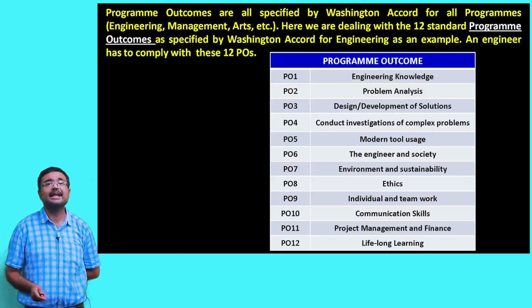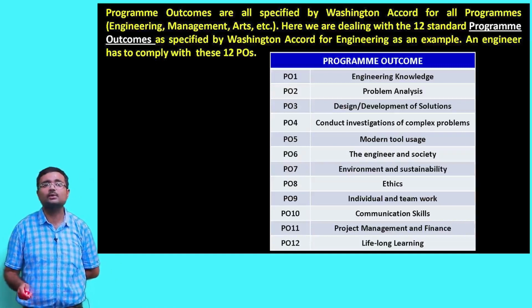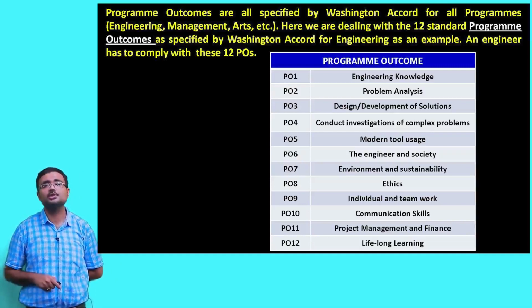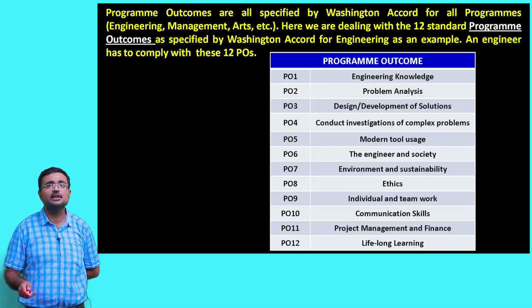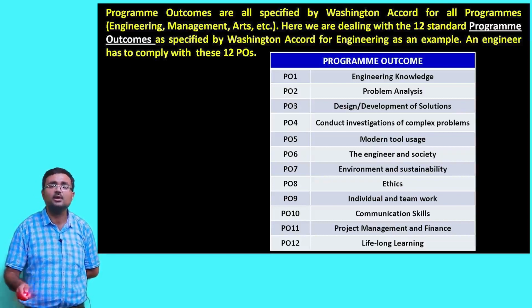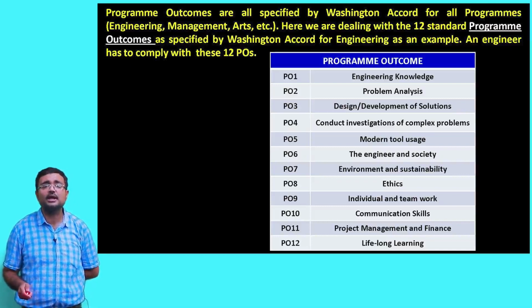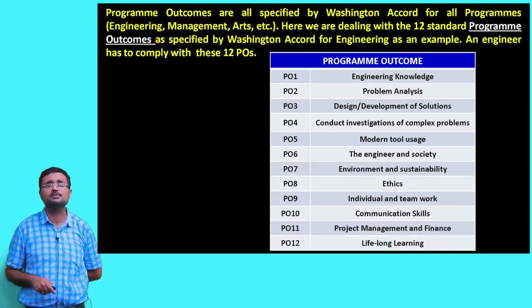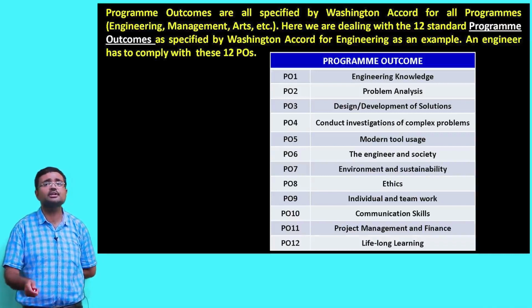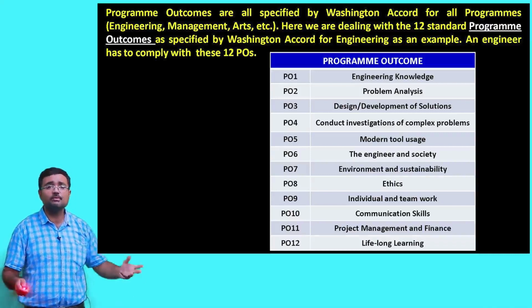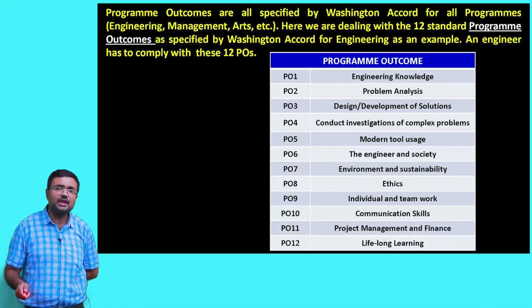It means that an engineer, when he passes out, must have engineering knowledge, must have the skill to analyze problems, the skill to design or develop solutions for problems, the skills for conducting investigations of complex problems, and the power of using modern tools. He should think of the society.